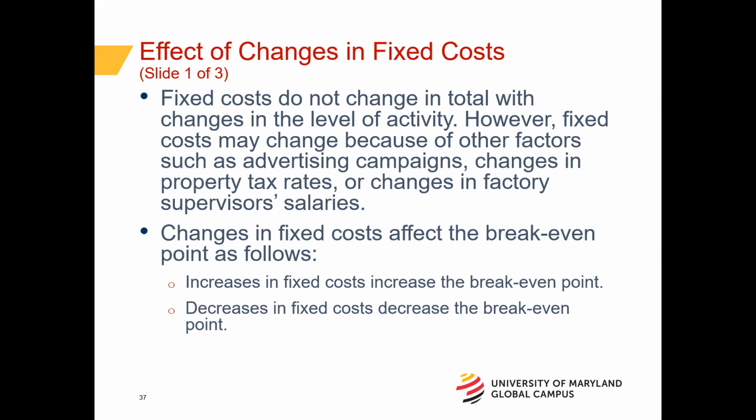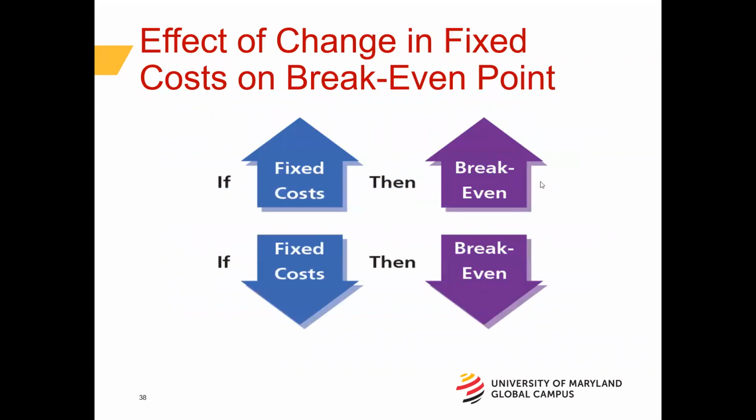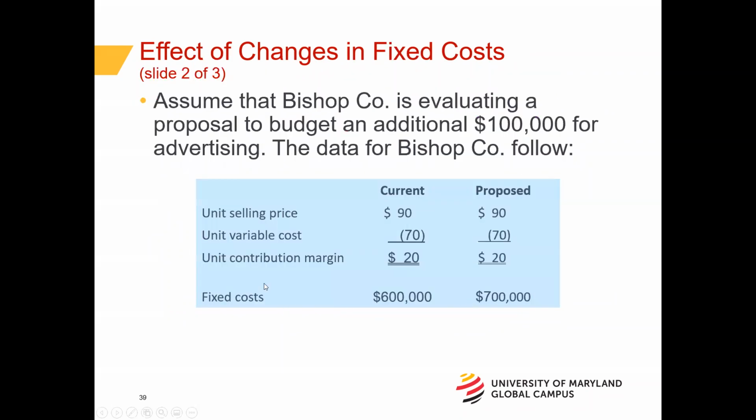If our fixed costs decrease for whatever reason, that means we could sell less. If fixed costs rise, the break even must also rise. The opposite is also true. If fixed costs decrease, then our break even must also decrease. Let's look at an example.